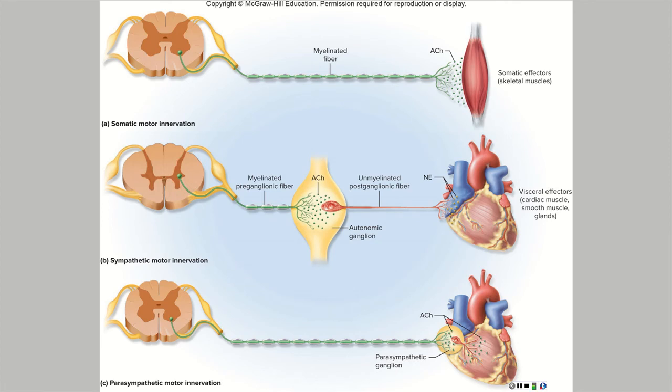When we're talking about the sympathetic nervous system, the SNS, we said back when we were talking about nervous tissue that the SNS is responsible for our fight or flight response. What do we do when we are under some sort of stress? This does things like increases our heart rate, increases our breathing rate, increases our blood pressure.